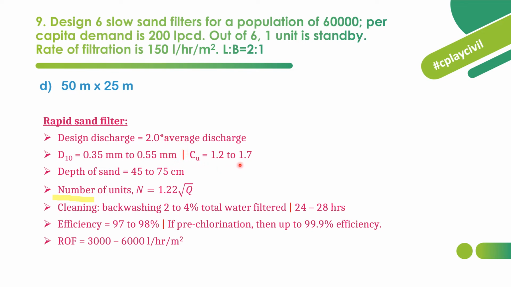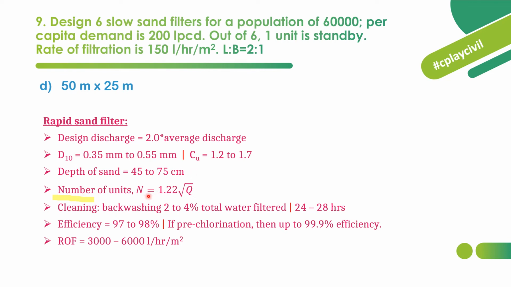And the uniformity coefficient is lower than that of a slow sand filter, that is 1.2 to 1.7. This value is to be remembered; there may be a question in match the following. The depth of sand will be around 45 to 75 centimeter, which is somewhat lesser compared to the slow sand filter's 1 meter.